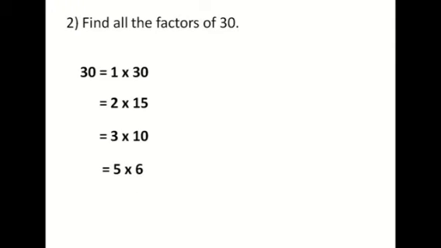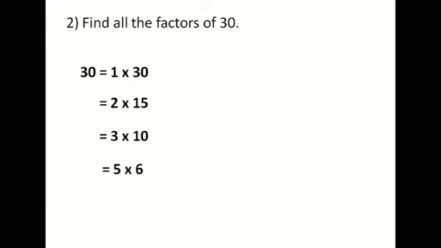If we go for 7, 8 or 9, we don't get 30 in the multiplication table. If we go for 10, we get 10 3s are 30. After that, 11, 12, 13, 14, 15, we get 15 2s are 30. These are the same, 15 2s are or 2 15s are, so we are not repeating. If we go for table 30, there also we get 30 1s are 30.